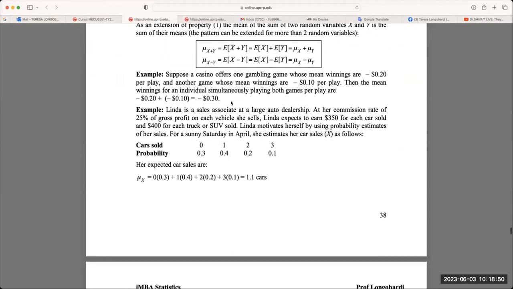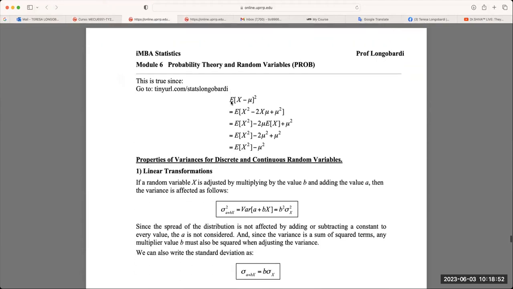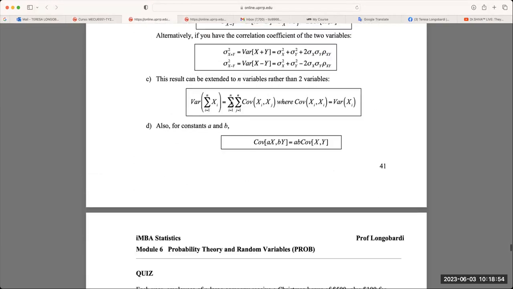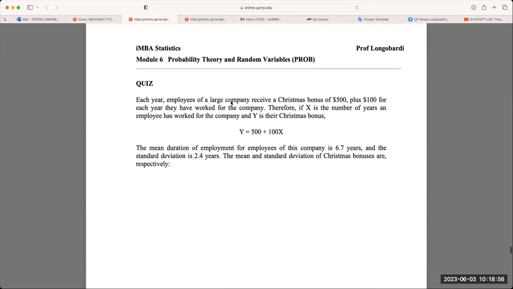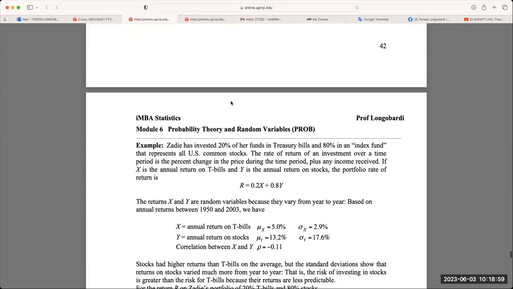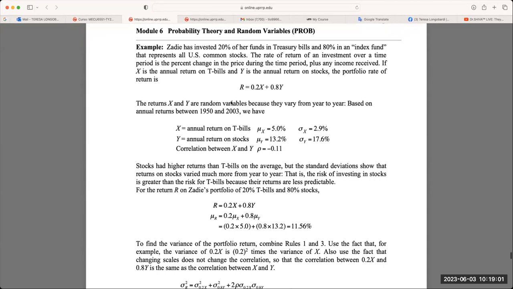What I've done here, this is all very confusing, except when I get to the point where I actually solve problems. I solve this problem, and I have given you the answers for the rest.